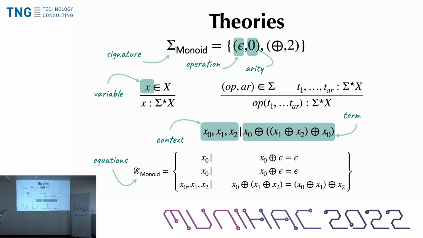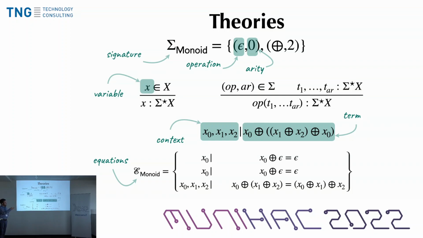And so what we have down here, this sigma star x thing, that's just very fancy writing for the free sigma tree with variables of type x. So what this is saying is, if you have a variable of type x, then you have a way of embedding that into the free tree. Well, this is exactly what the var constructor was doing for us.